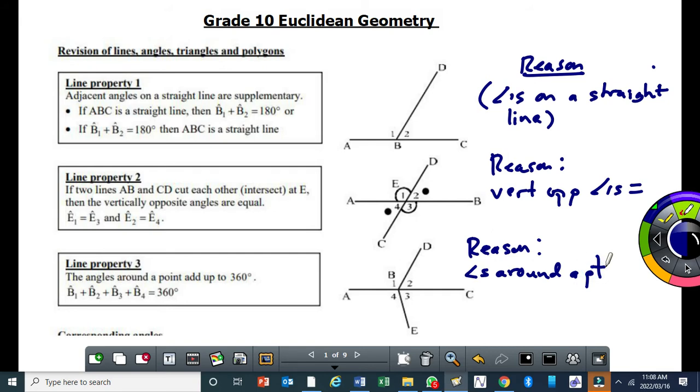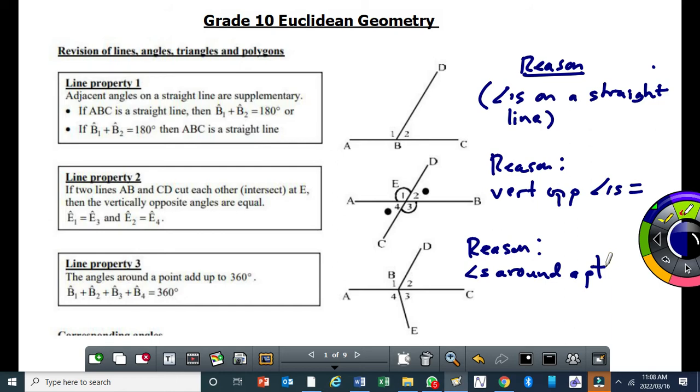That's one way. Or you can say angles in a revolution. I prefer angles around a point. So when you get angles that are formed at a specific point and their total is 360, the reason that you must give is angles around a point.